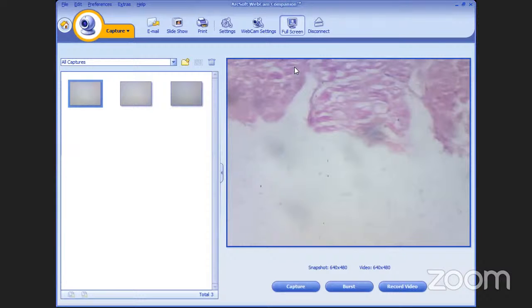Okay, now this is the slide of myocardial infarction you have studied under coagulative necrosis. This area which I have projected is the normal syncytial myocardial muscle fiber.